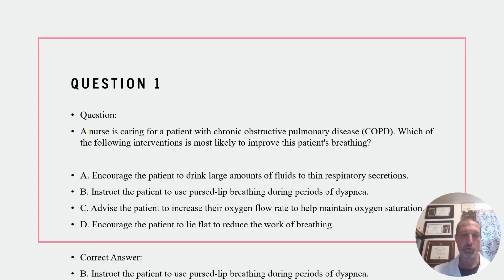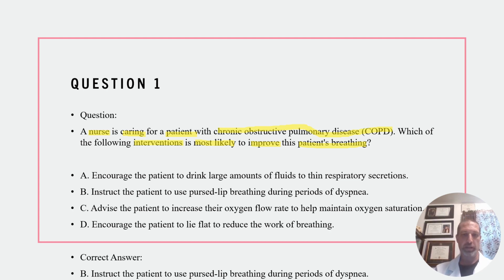So what are some of our keywords? Well, we have nurse, doing what? Caring for a patient. And right here we have this huge keyword, chronic obstructive pulmonary disease. And then which of the following interventions, huge keyword here, is the most likely to improve the patient's breathing?